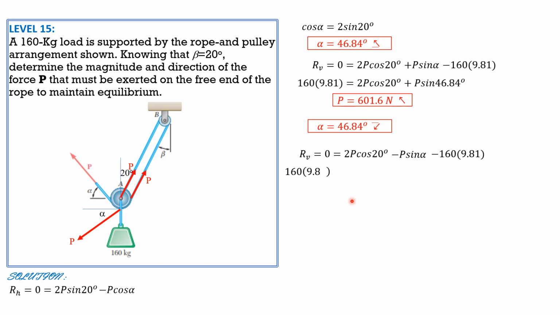So 160 times 9.81 equals 2P cosine 20 degrees minus P sine of 46.84 degrees. The value of P this time is 160 times 9.81 divided by quantity 2 cosine 20 minus sine 46.84. So using your calculator, P is 1365 newtons, but it is inclined in that direction.